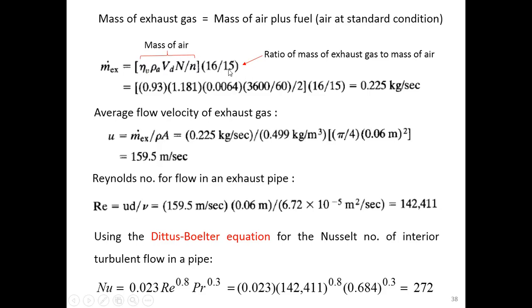And times what? Our air-fuel ratio is 15:1. So every 1 kilogram of the fuel, we need 15 kilograms of the air. So 15 kilograms of the air plus 1 kilogram of the fuel becomes 16. And then we divide by 15. That means for every 1 kilogram of the air, this will be the total amount of mass that leaves the engine. So we have 16 divided by 15 here.